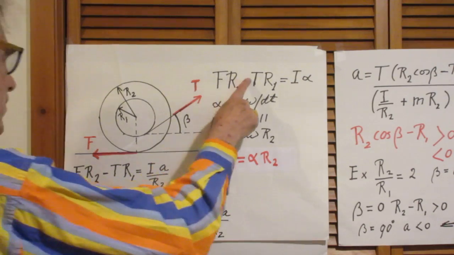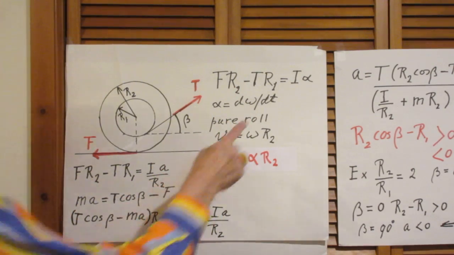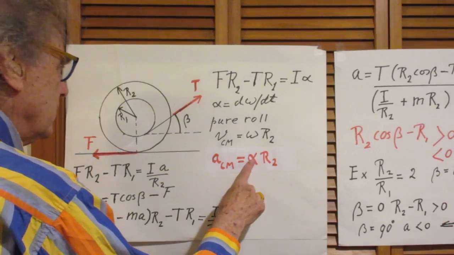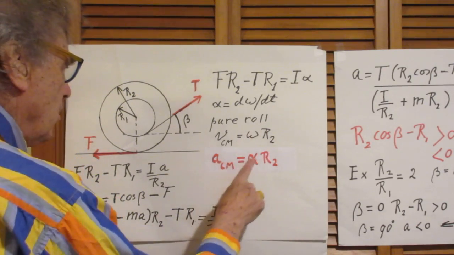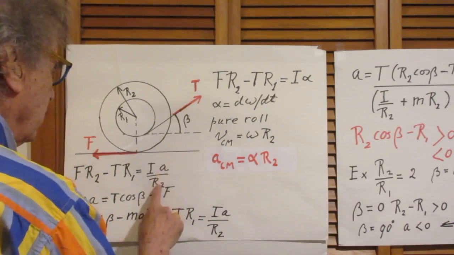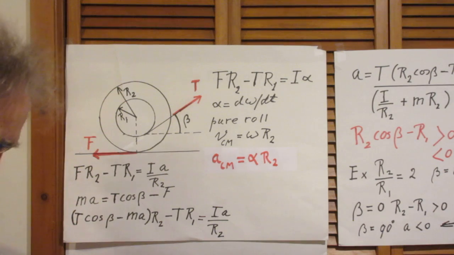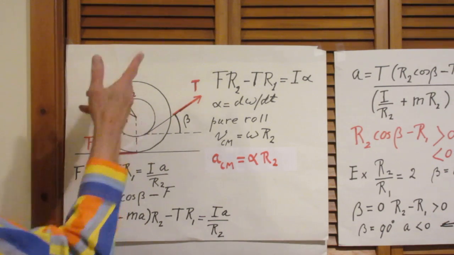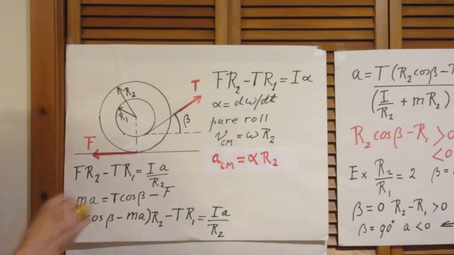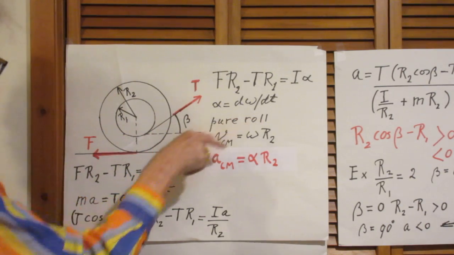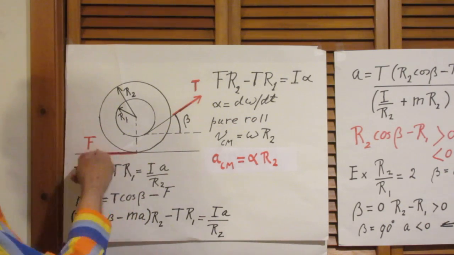I revisit this equation and I substitute this alpha in here, so alpha becomes A divided by R2, and you see that here. In the horizontal direction, F equals ma, m being the total mass of the whole system. T cosine beta is in this direction, and F is in this direction.